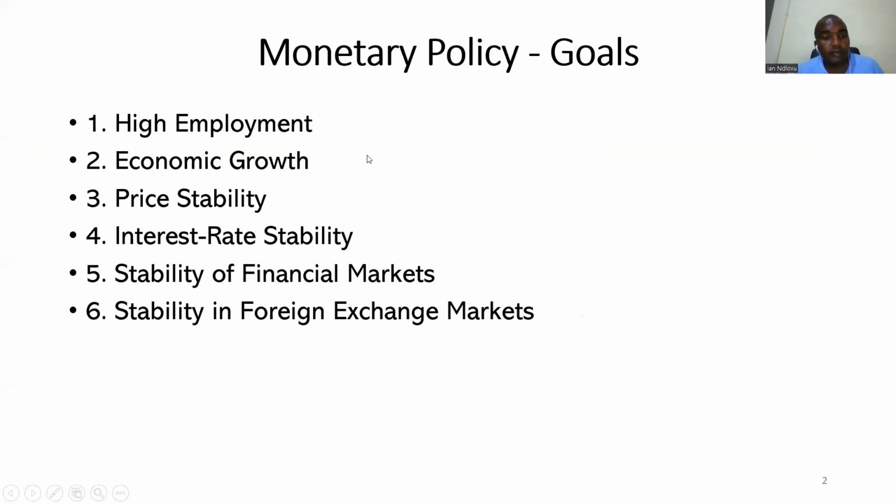Yesterday, I briefly mentioned these goals of monetary policy, but I repeated them in today's lecture so that we are in a position to remember what we covered. The first goal is high employment or low unemployment.